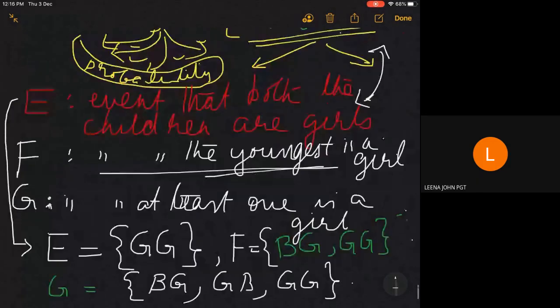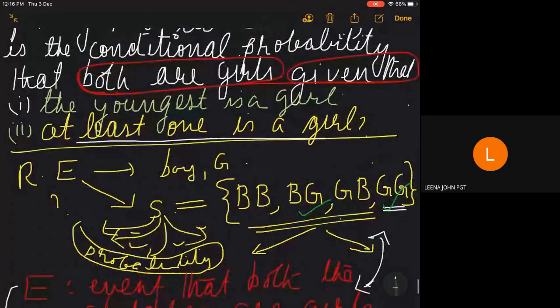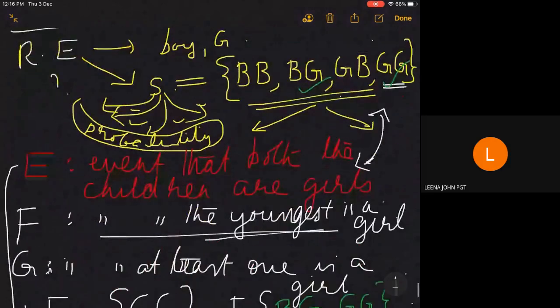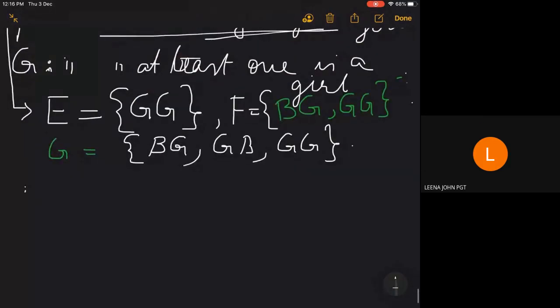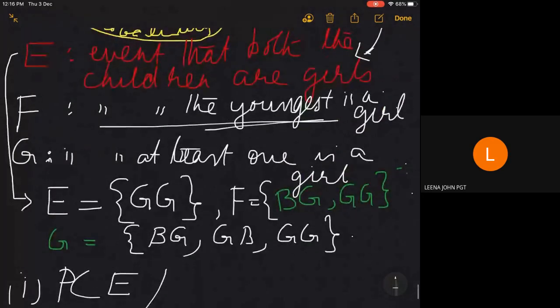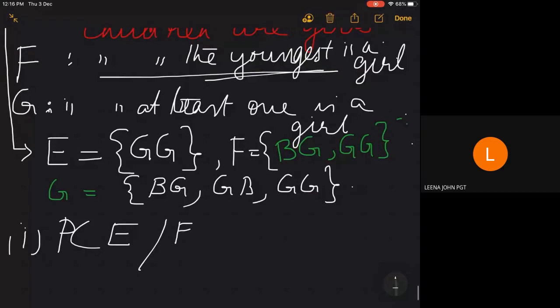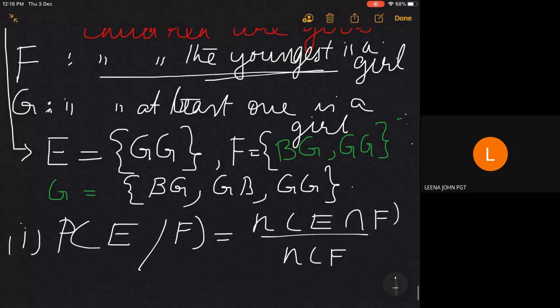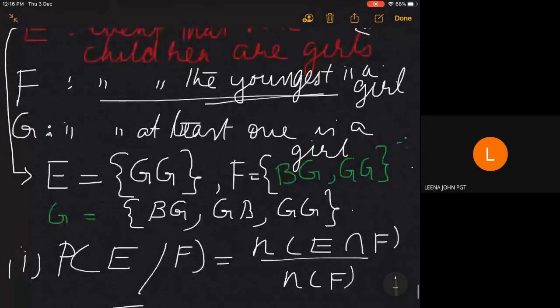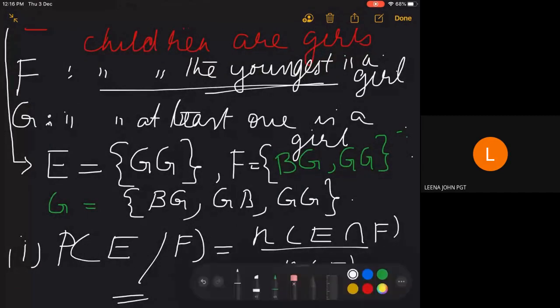Now your question is to find the probability that both are girls, given the condition. In the first case, the youngest is a girl. So the first question is actually P of E given F. As per our formula, it is N of E intersection F by N of F. For N of E intersection F, you have to count the common elements of E and F. How many common elements are there?